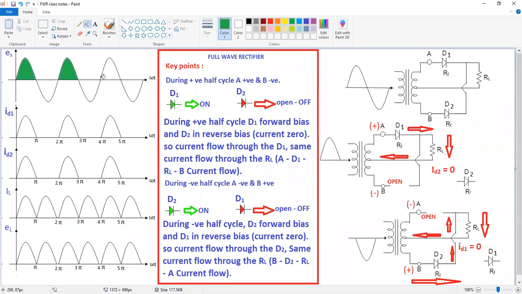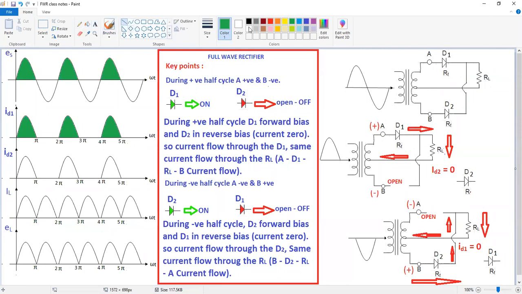Here during positive half cycle, D1 on. So here the same current is present. Why? Because in the case of the first half cycle, D1 on, D2 off. So that's why the current is present in the case of positive half cycle.